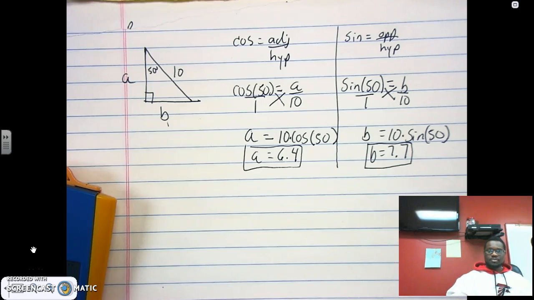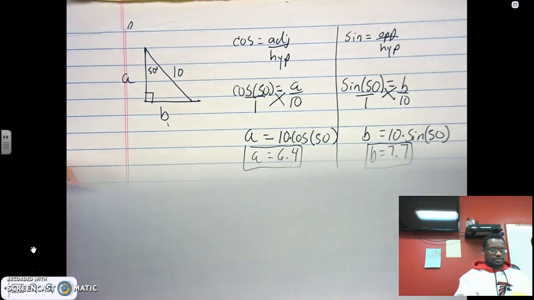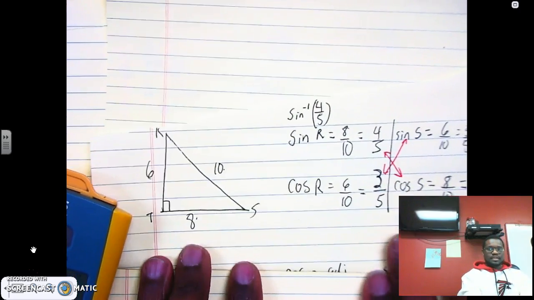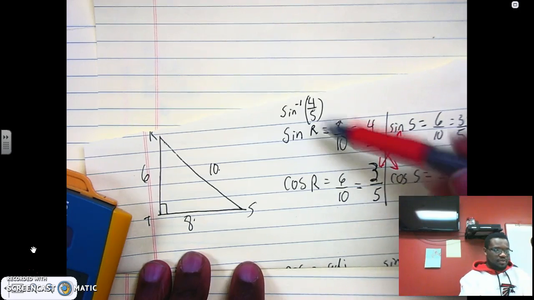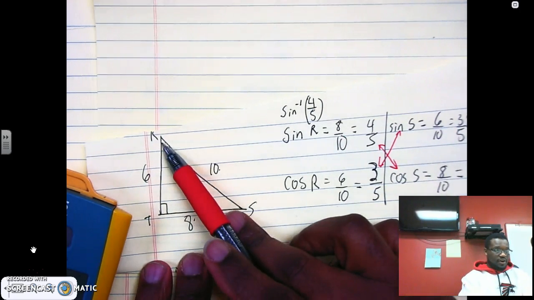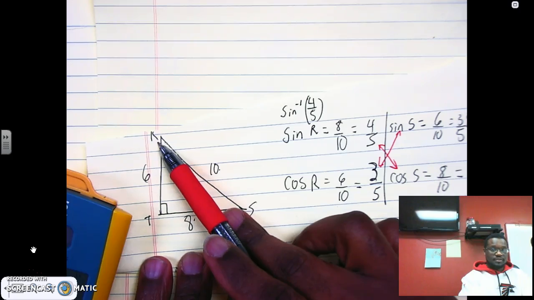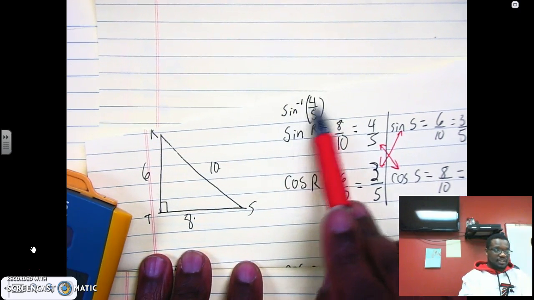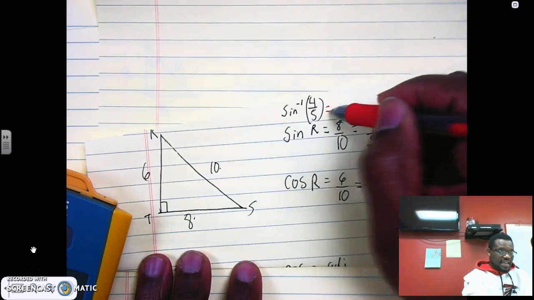Real quick, I want to go back to one of the original problems. I have this written here. If I wanted to know the angle R here, you can use the inverse sine and that relationship to tell you what the angle is.